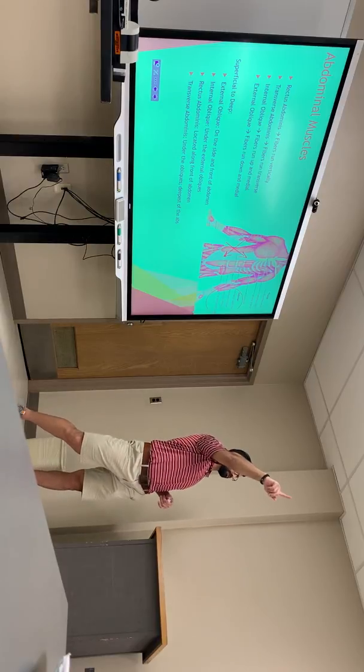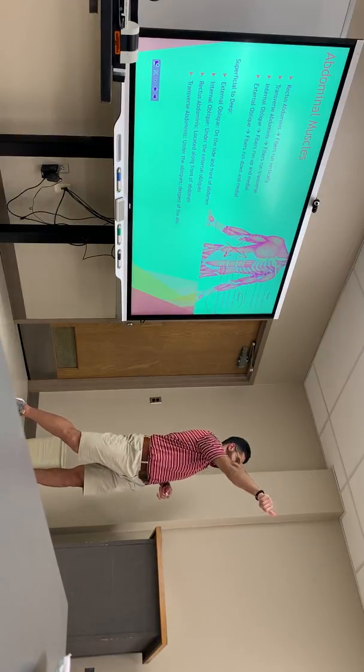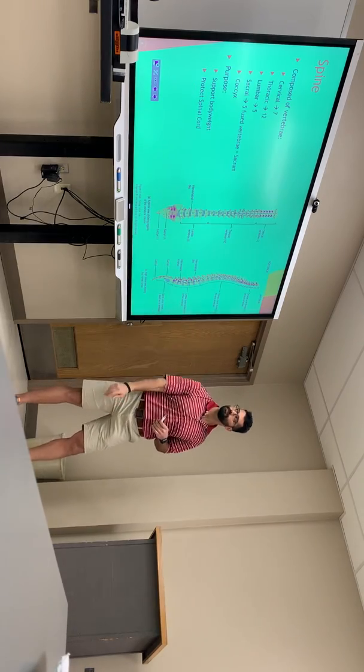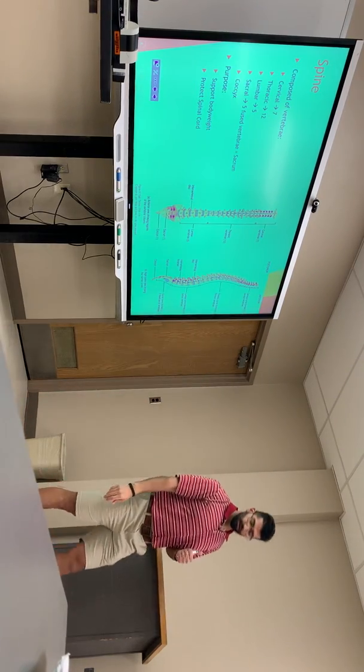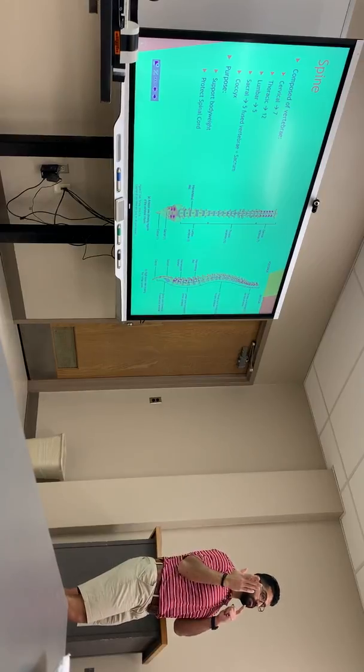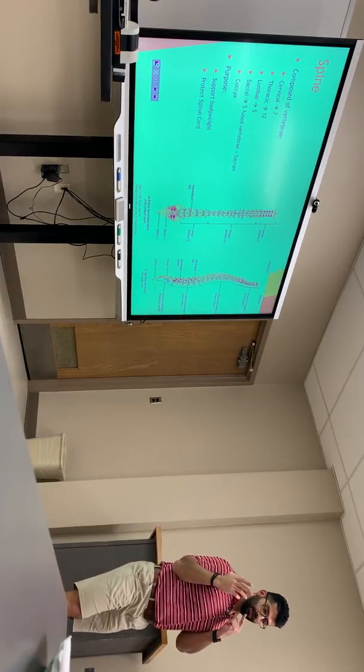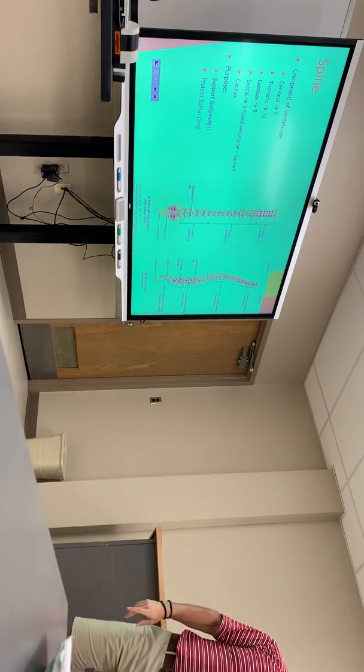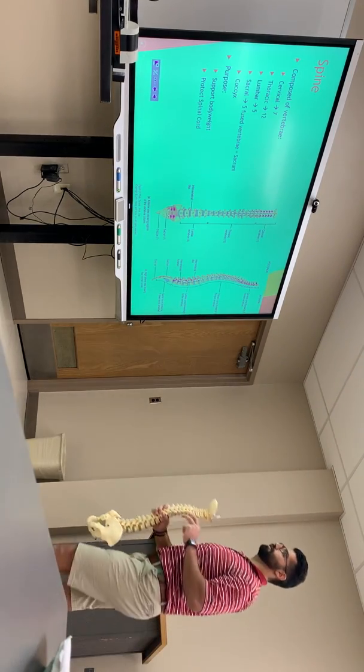But which one was the deepest one? Transverse abdominis. Okay, you probably need to know how to spell these five parts of the spine.